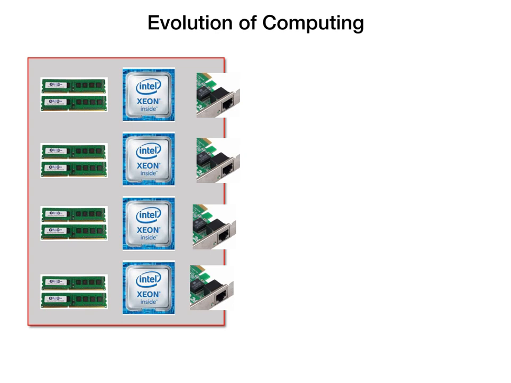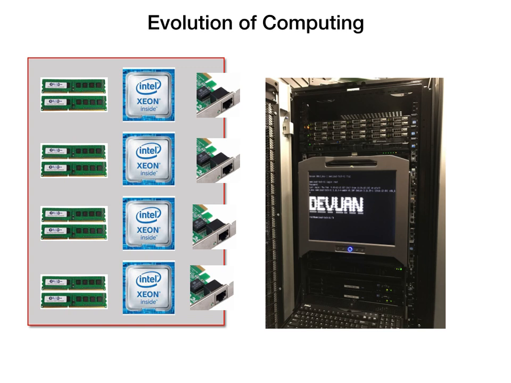So what they did was they started racking machines like this, one on top of the other, into data centers. And it looked like this. I worked with this stuff for about 10, 15 years.